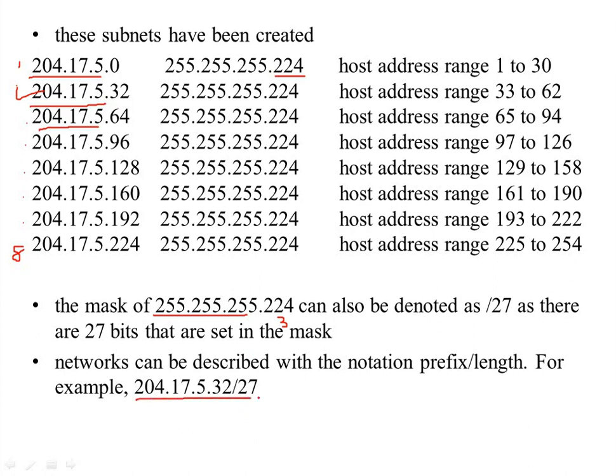If this logical network is given to you, can you find the mask of the network? Yes, you can. How are you going to find the mask? Simply write this address in binary and extend by the 3 bits. For the first 3 bytes, 255, 255, 255 is constant. For the next 3 bits, you simply calculate the decimal number, and this will be 255.255.255.224, right?